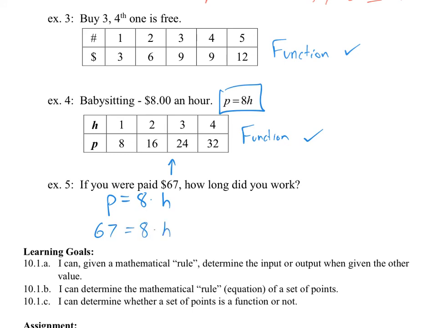So 67 equals 8 times H. So to find how many hours you worked, we would divide both sides by 8. That drops out and just leaves us H, and then gets us 13. So 13. Or maybe not 13. What does that give us? Anybody? 8.375. Oh, hey, let's go with that. 8.375? Yeah.